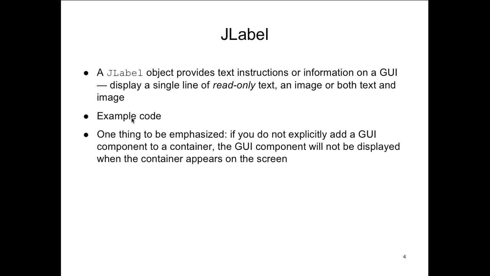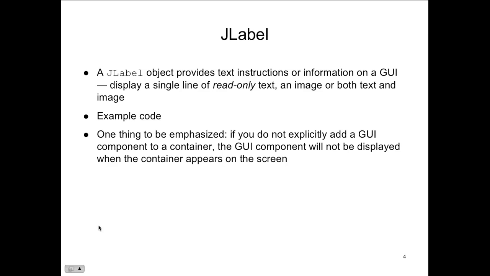A JLabel object provides text instructions or information on a GUI display. It's usually a single line of read-only text. It's not editable. If you wanted the user to enter text, you'd use a text box. Images, or both text and images, can be displayed in a label. So you can have a label that looks like a button that shows a picture, and then underneath that has some text. Example code.